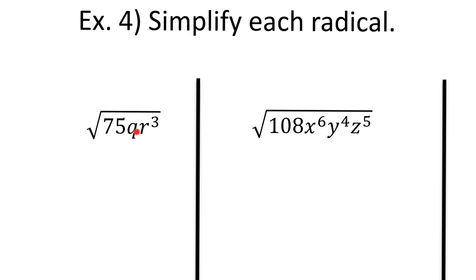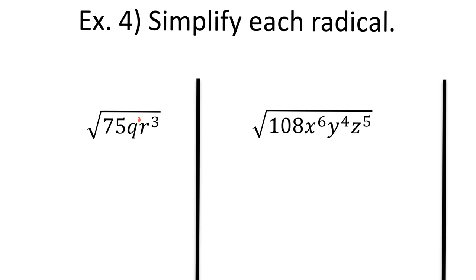We have a q as a variable, with an exponent of 1, and we have an r with an exponent of 3. The r with an exponent of 3 means you're multiplying r by itself 3 times. Q to the exponent of 1, you just have 1 q inside of the radical.